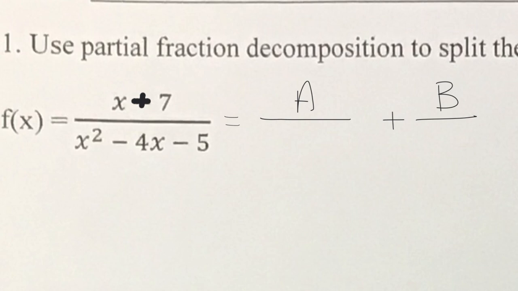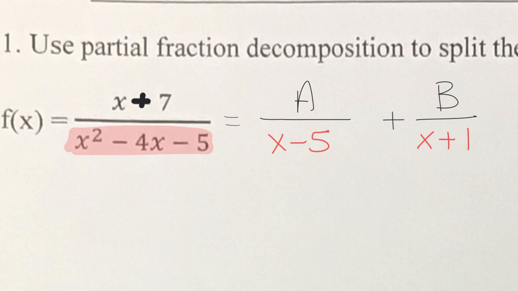So our first job is to factor this, because these are going to be your two denominators when you factor this. And it doesn't matter where you put them. So I'm going to put the x minus 5 first and the x plus 1 second. Now you can put the x plus 1 first and the x minus 5 second.